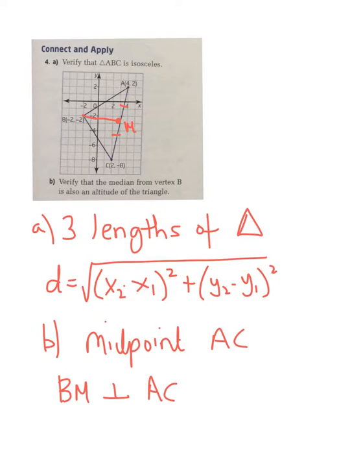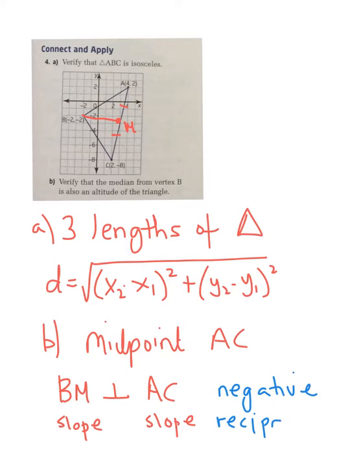And you do that by finding the slope of each line. So slope of BM and the slope of AC, and if they're perpendicular, they will be the negative reciprocals of each other. Okay, so find both slopes of AC and BM, and they should be negative reciprocals if they're at right angles, because the question's asking is that median also an altitude? Does it cut at right angles?